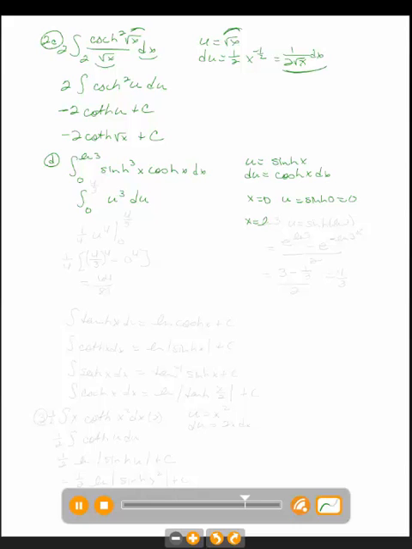When x is equal to the natural log of 3, u is going to be the hyperbolic sine of the natural log of 3. According to my rule, the hyperbolic sine is e to the whatever I'm sticking in, natural log of 3, minus e to the negative natural log of 3, all over 2.